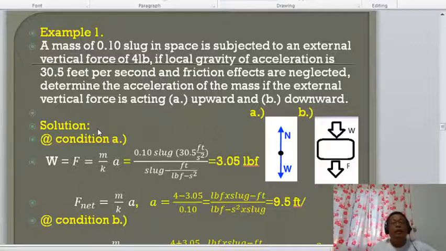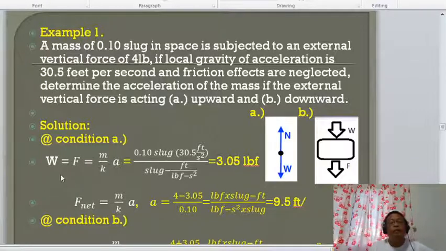Now, getting the acceleration, again using the formula. By this time, we are now getting the value of the unbalanced force or the F net or the net force. Since the direction of the weight and the force applied is different, we are going to subtract the two values.